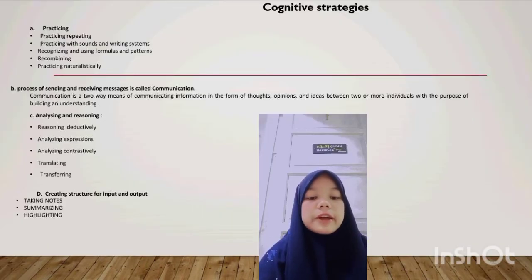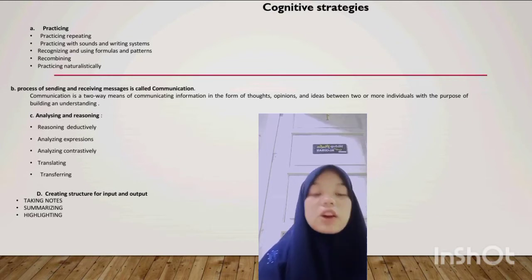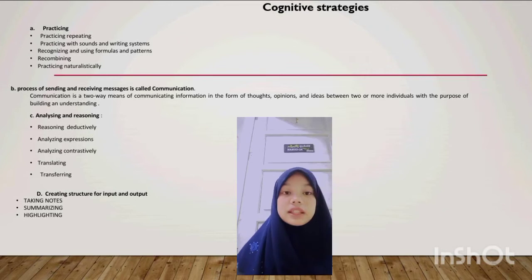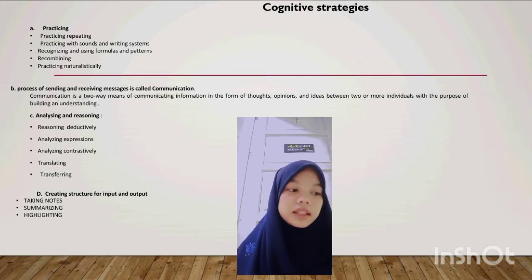The next type of applying direct strategies for dealing with language, the second, is cognitive strategies. Cognitive strategies are: practicing, process of sending and receiving message is called communication, analyzing and reasoning, creating structure for input and output.